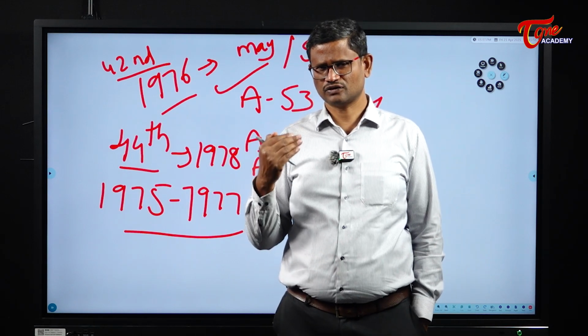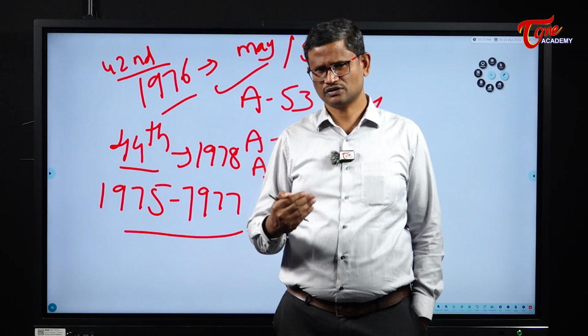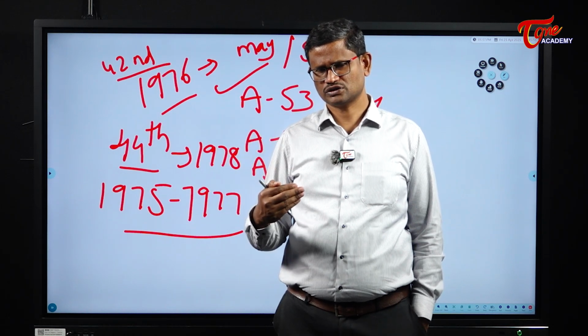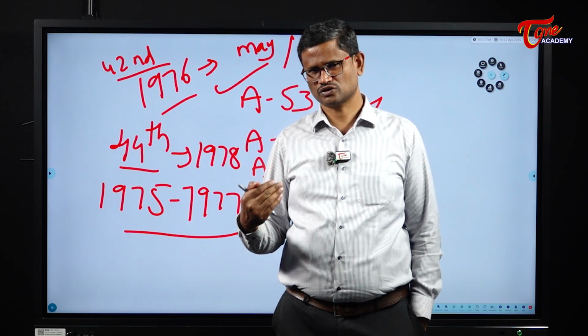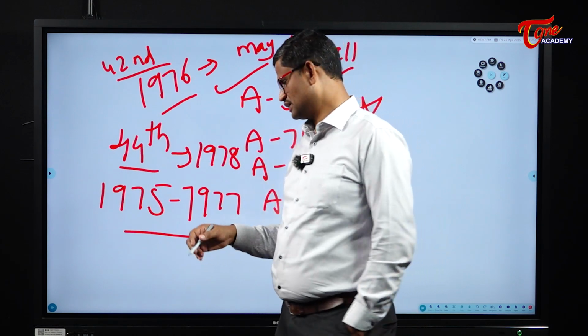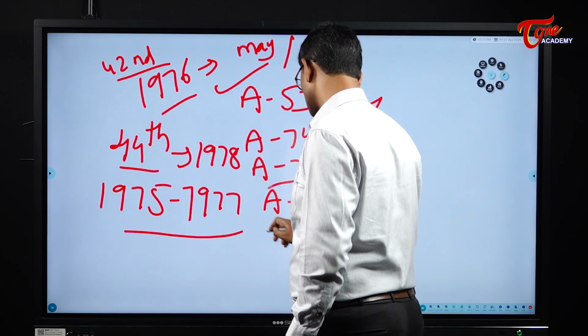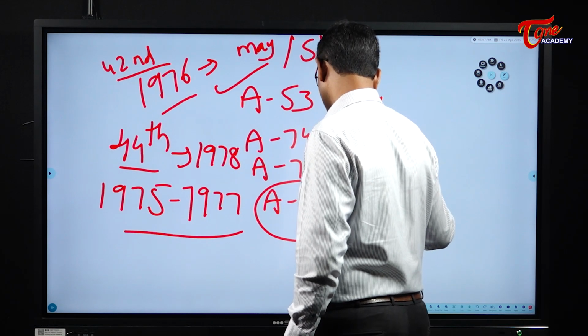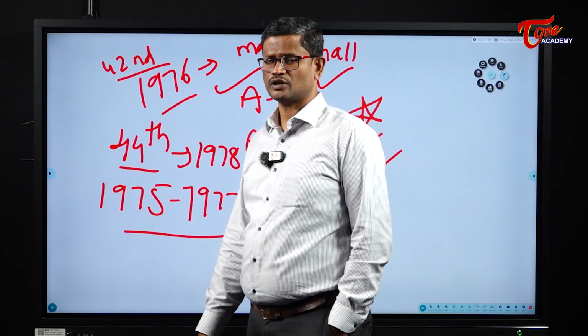So that's what Article 75 says. And Article 75 also says, the entire Council of Ministers headed by Prime Minister, they are collectively responsible to Lok Sabha.